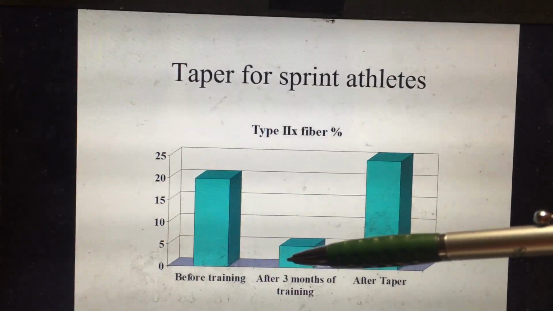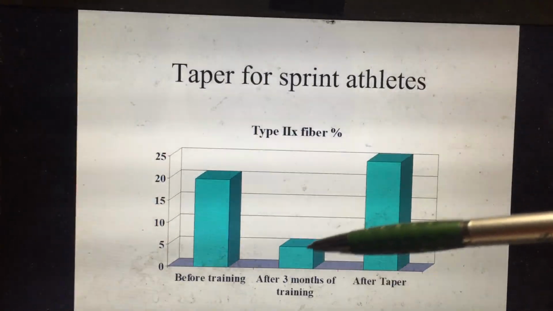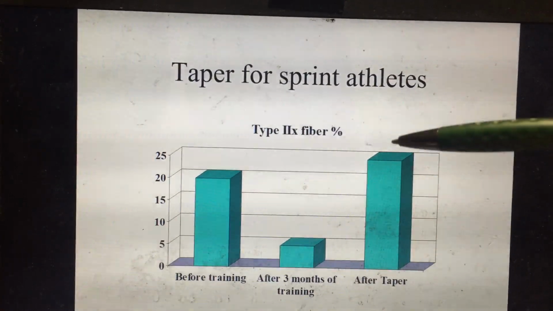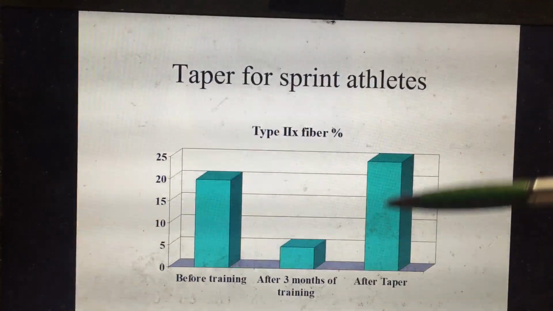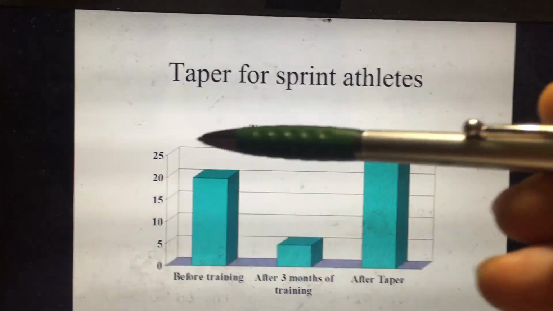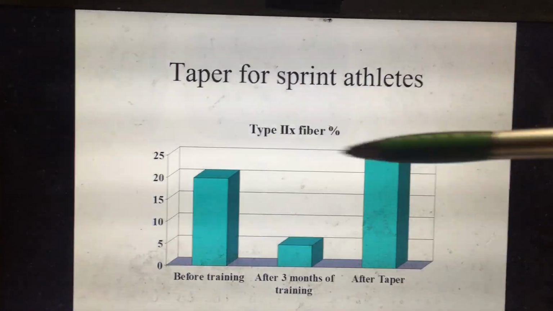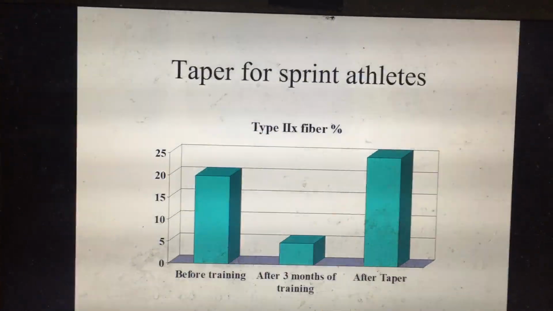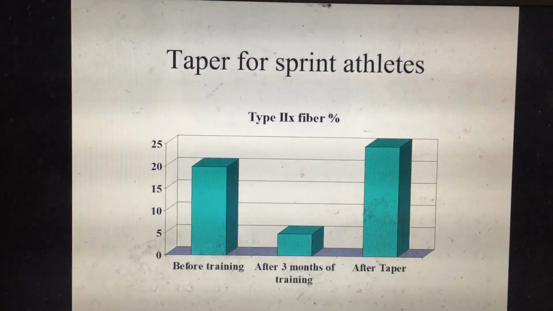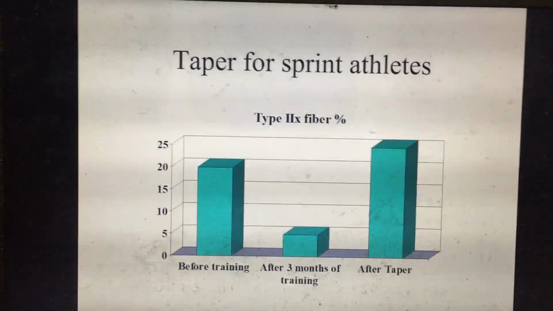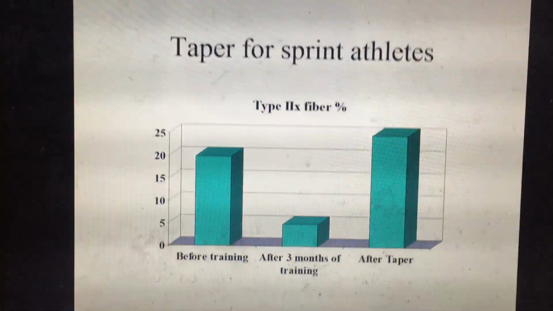But if you reduce the volume of training, you get reversal of that. And you can see after the taper, so this is after a period of lower volume training, the type 2X fiber composition percentage is actually higher, which theoretically could give the sprint athlete an advantage. So this could be the theoretical physiological advantage of a taper for a sprint athlete.